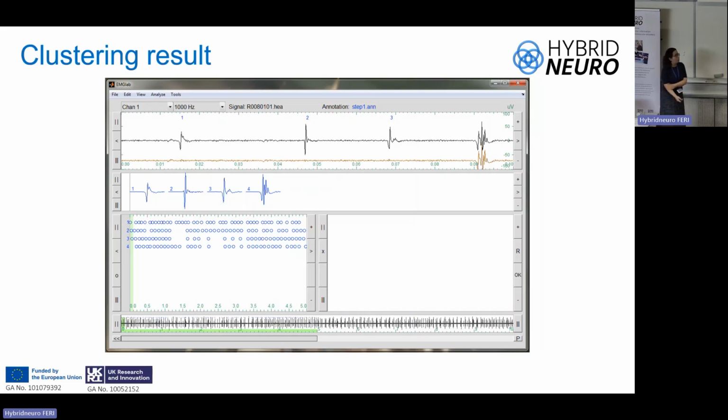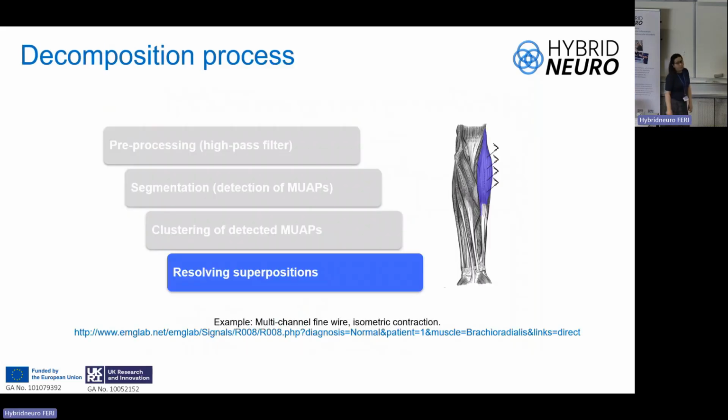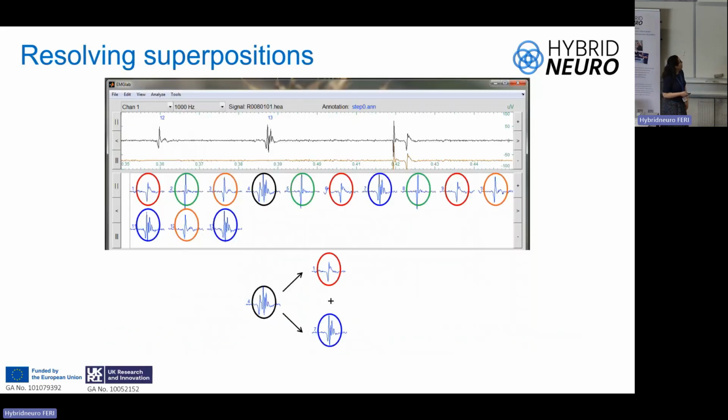And you know from physiology that in this type of contraction, usually the motor units discharge regularly. But you can see that these firing patterns are not regular. And why is that? It's because we have ignored sorting the outliers. And this is the final step to achieve a complete decomposition. This last step is usually referred to as superposition resolution.